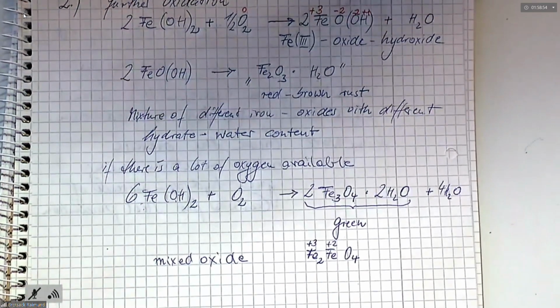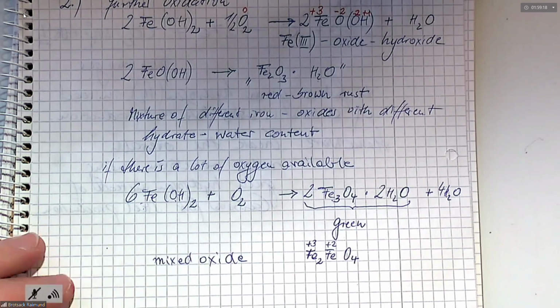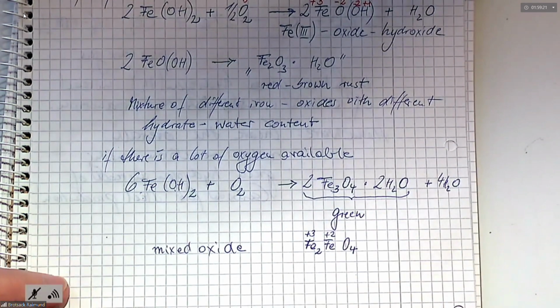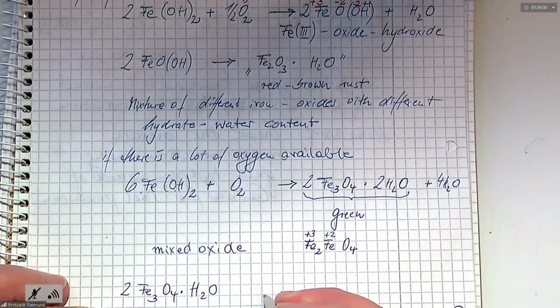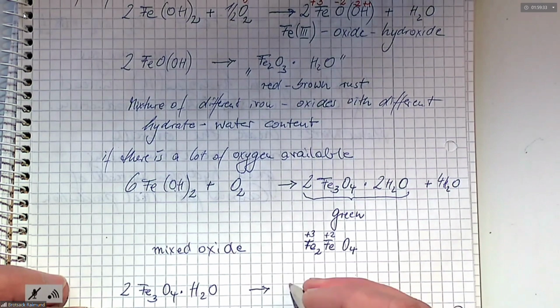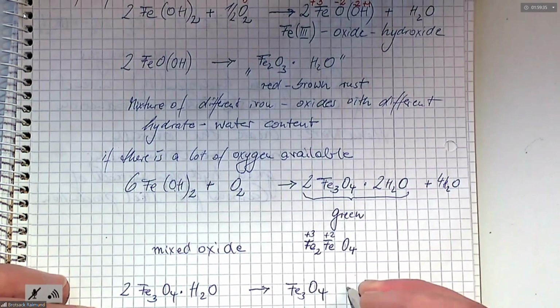And this is what we call a mixed oxide. From time to time, we find that. We can't split the electron, so partial charges don't exist. But what could happen is we have one with the plus 2 and 2 of them with the plus 3 oxidation. All of these happen in parallel, and last but not least, 2 of the Fe3O4 times water can be transformed into black iron oxide, Fe3O4, plus water.